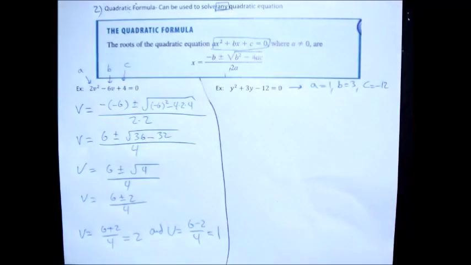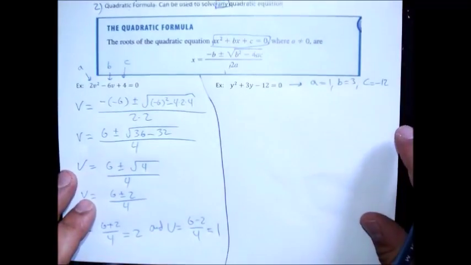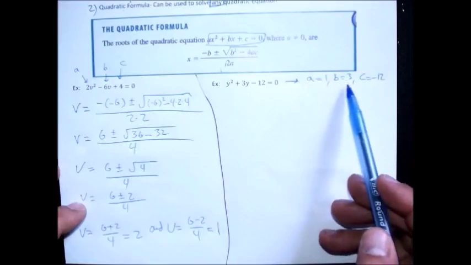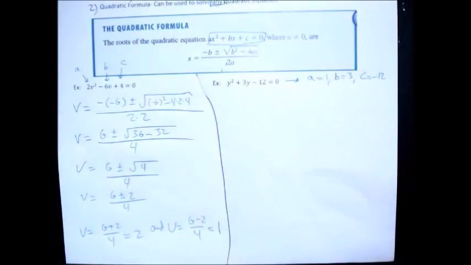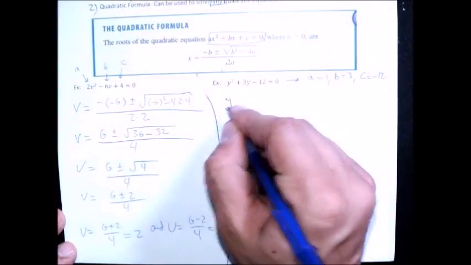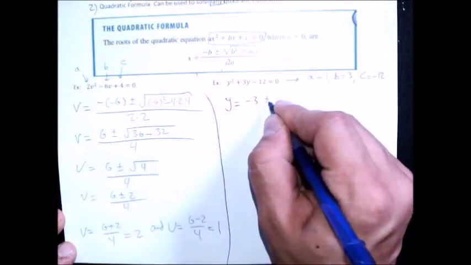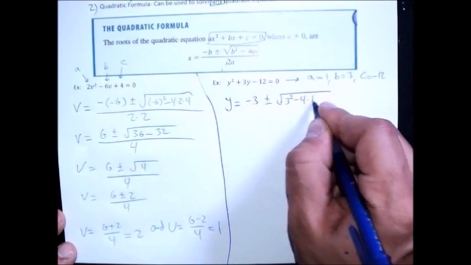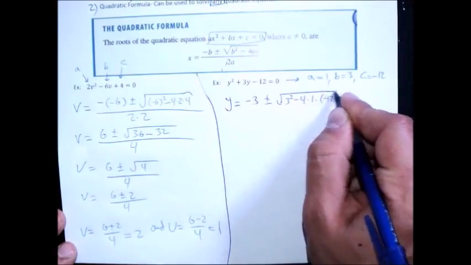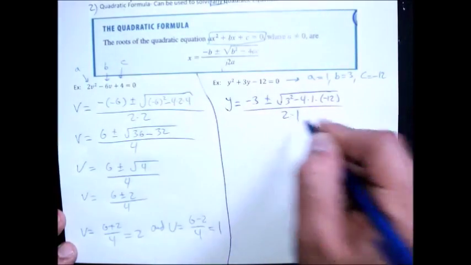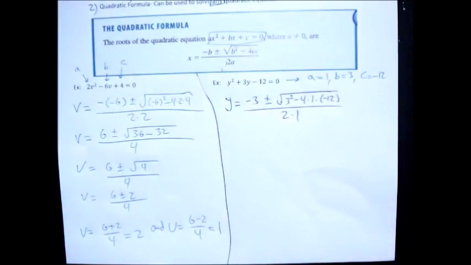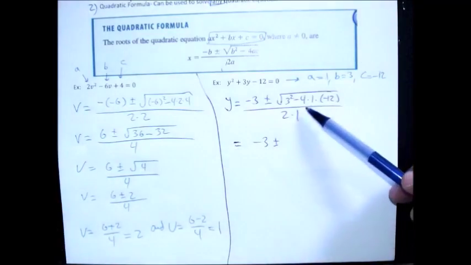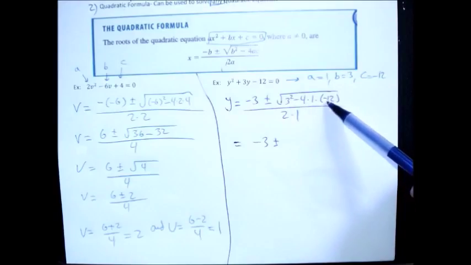All right, I'm going to start looking at this one just so we have enough time for the quiz here. So when I start plugging stuff in, A equals 1, B equals 3, C equals negative 12. Hopefully that's all right. And when I start plugging things in, I get x equals negative B plus or minus the square root of B squared minus 4 times A times C, all over 2 times A. And when you start simplifying things down, be aware that on the right-hand side, you've got minus 4, and it's going to multiply by the minus 12.